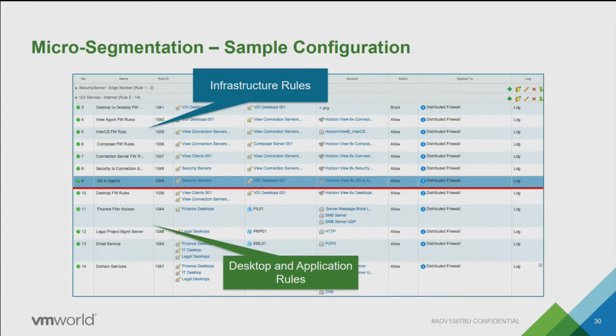With NSX, you're able to create a single default deny rule, and whether you have 1 or 5 desktops on a single L2 segment, or 2,000-3,000 desktops on a single L2 segment, that single rule is going to enforce segmentation of traffic from desktop to desktop by default.